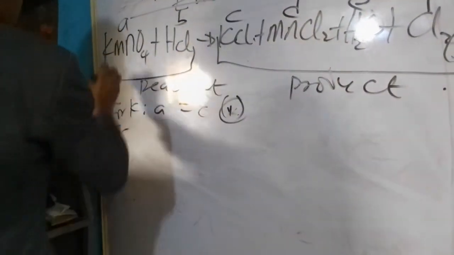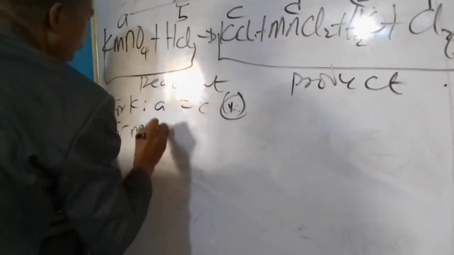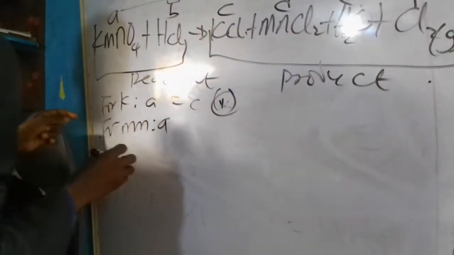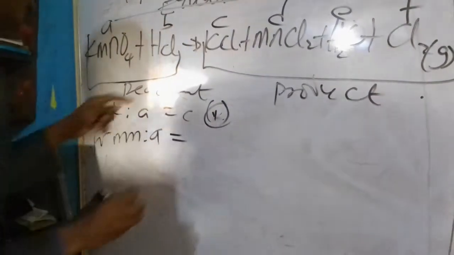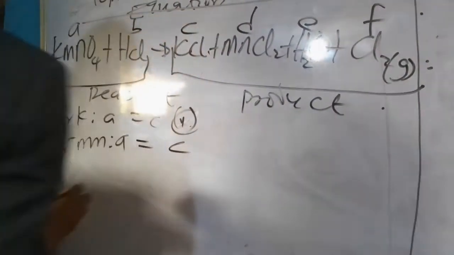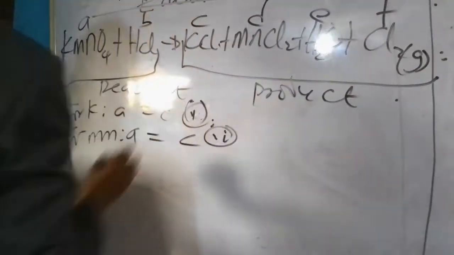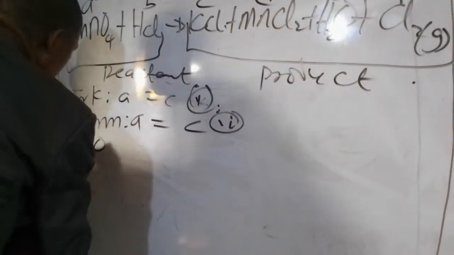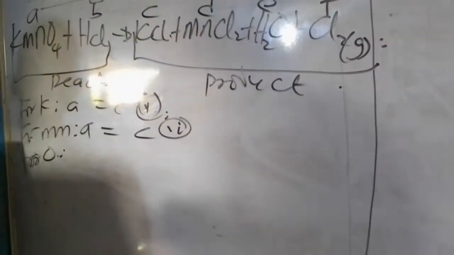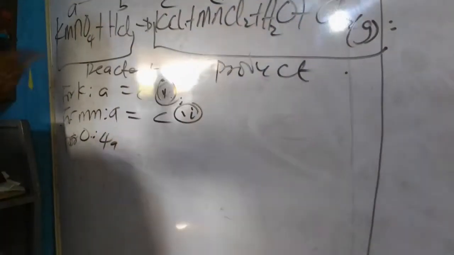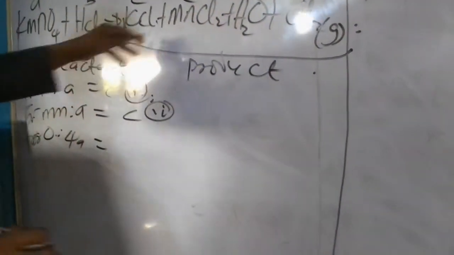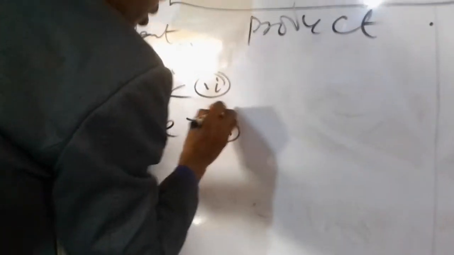Then for manganese, that's A equals D, call this equation 2. Then for oxygen in the equation, we have 4A equals E, call this equation 3.